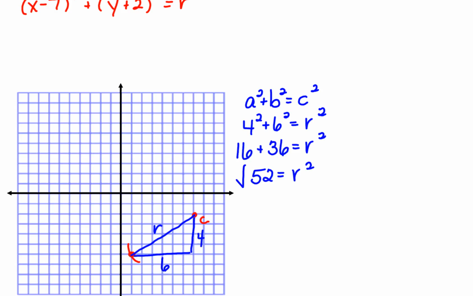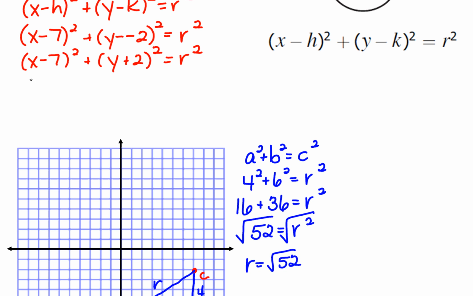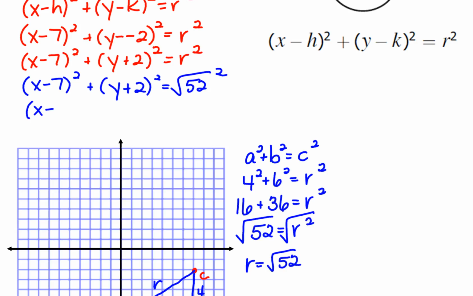I'll take the square root of each side, and I will get that r is equal to the square root of 52. So now I can substitute that into my problem up here. (x minus 7) squared plus (y plus 2) squared is equal to the square root of 52 squared. And I'll get (x minus 7) squared plus (y plus 2) squared is equal to 52. And that's all I have to do to complete this problem.